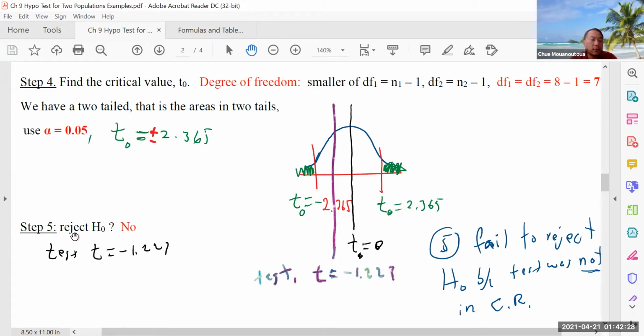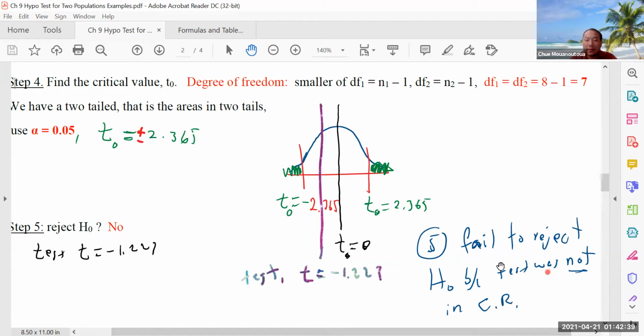So step 5, reject H0? No, we will not reject. We fail to reject. Why? Because our test statistic shows that it's not in the critical region, and so we're not rejecting H0.